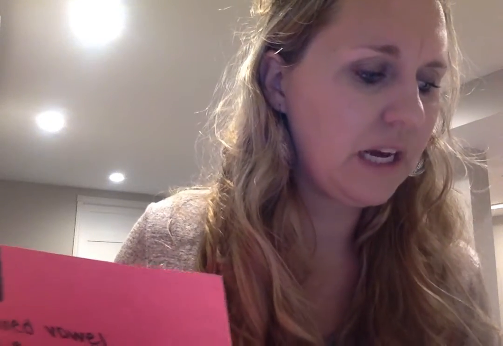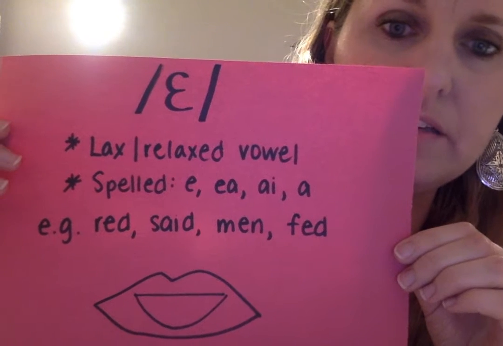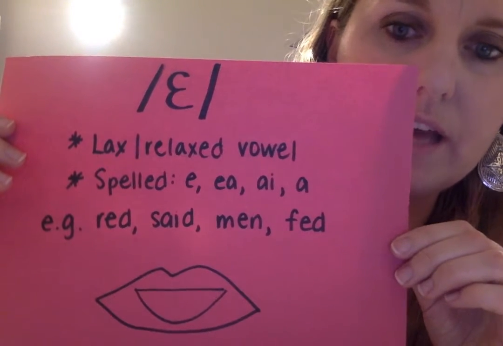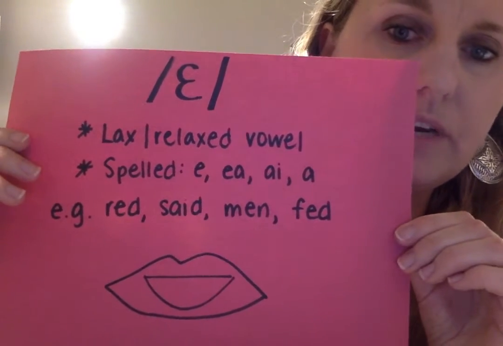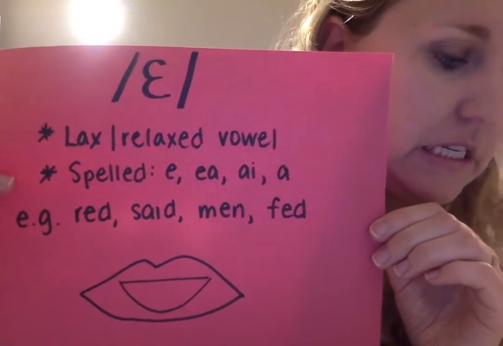It's just again, another dropping of the mouth, dropping of the jaw. This is a more central tongue position. So it's lower than the others, but it's still not at the bottom of your mouth. It is often spelled with an E, EA, AI, or an A. Some great examples: read, said, men, fed.